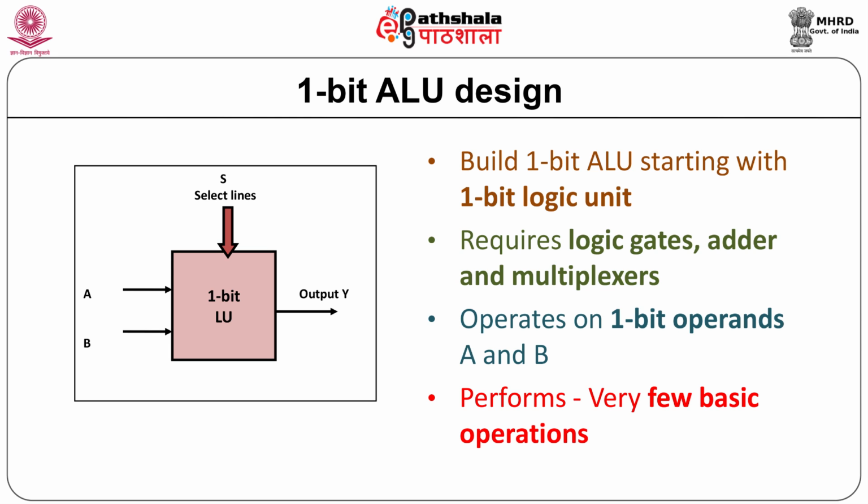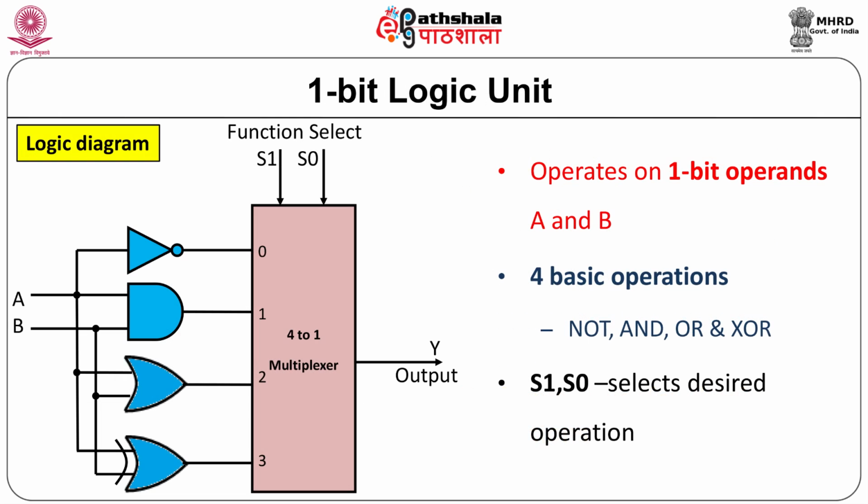Let us assume that the unit can handle two 1-bit inputs to produce a required output based on the function selector line. Let us prepare the logic diagram of a 1-bit logic unit. It operates on 1-bit operands.